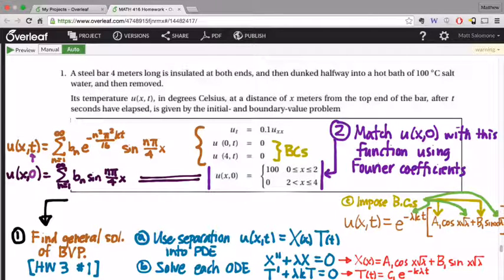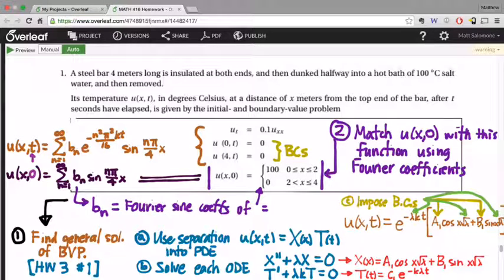And in this example, because our building blocks are sines, bn is going to be, I'm just going to write it in English first, Fourier sine coefficients of this function, the piecewise function which is 100 from 0 to 2 and which is 0 from 2 to 4.